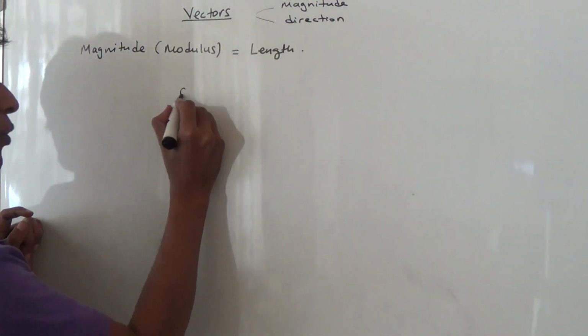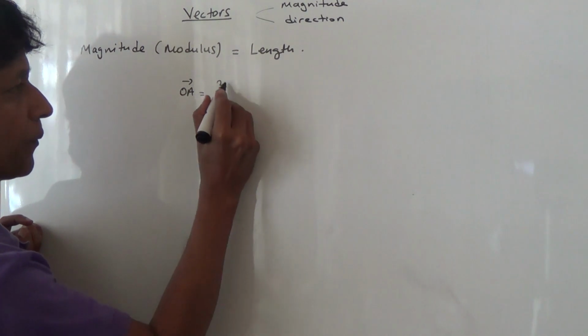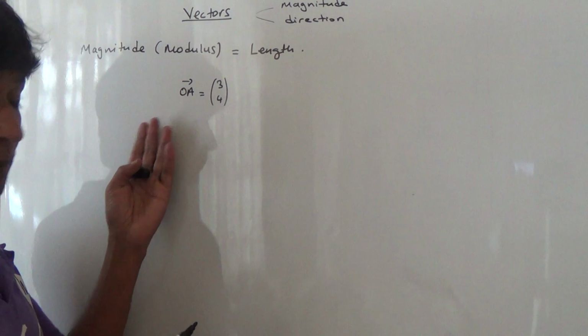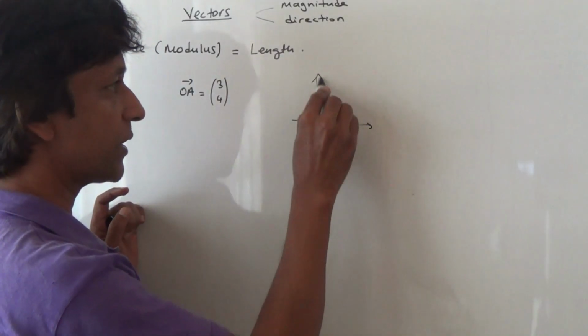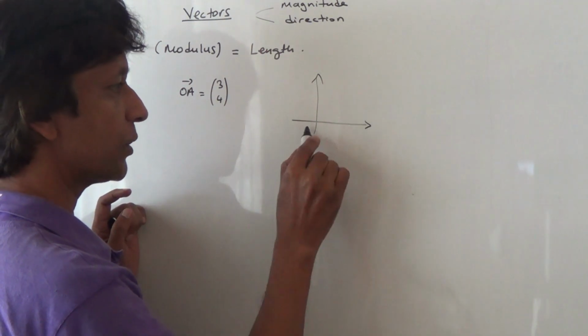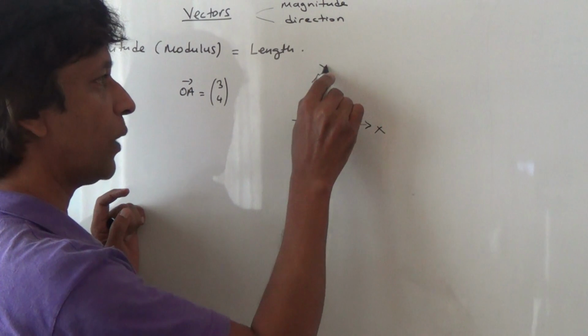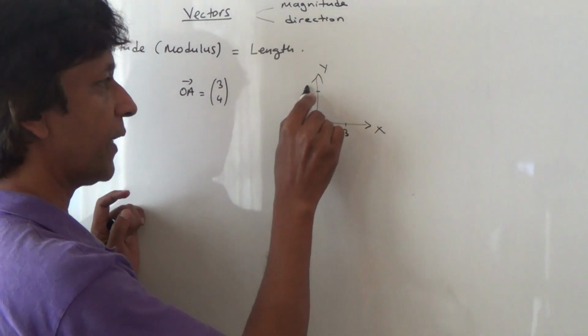I can have a vector OA, let's say 3, 4. So if you look at this vector on a diagram, a column vector on the Cartesian plane, so if you have 0 here, let's say 1, this is your x-axis and your y-axis, let's say 3 is somewhere here and 4 is somewhere there.